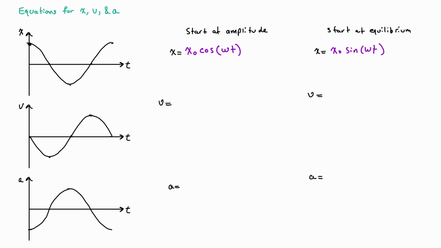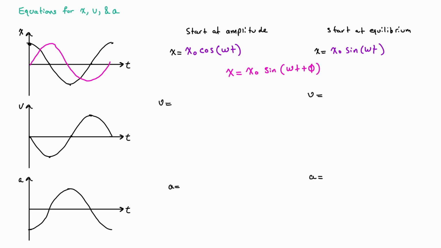positive direction first. To combine these two into one equation, we can write it as the position is equal to the amplitude multiplied by sine of omega t plus a horizontal phase shift. That phase shift is quite useful because let's say we have a sine graph here.